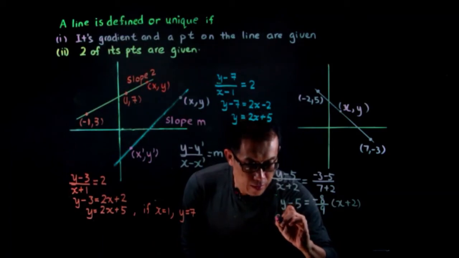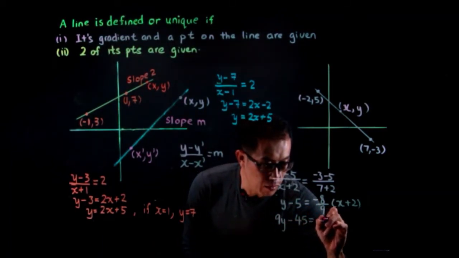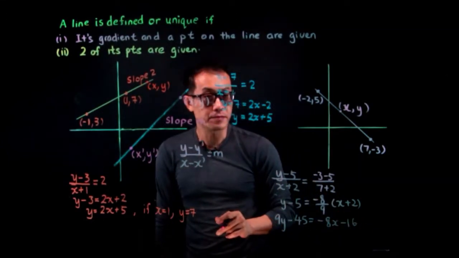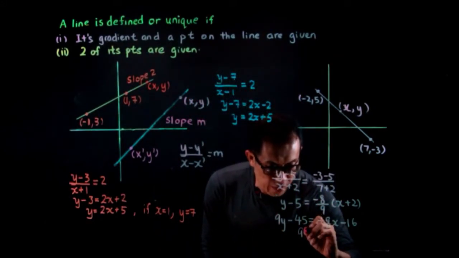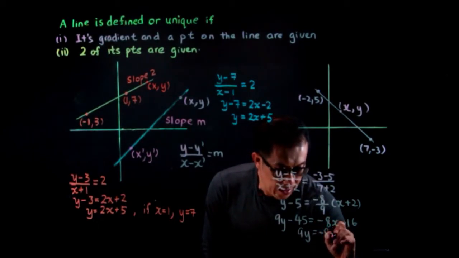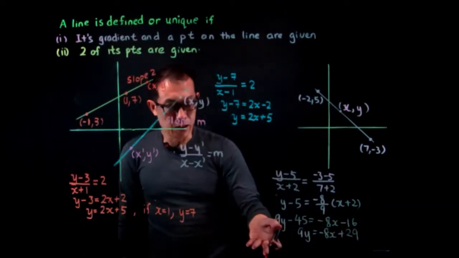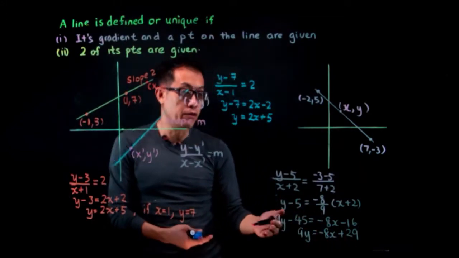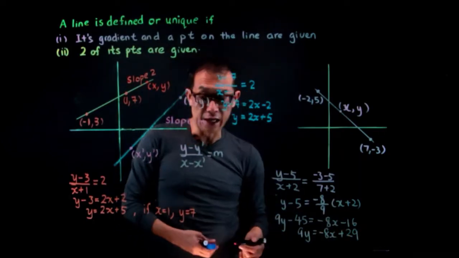You can cross multiply. So you have 9y minus 45 equals minus 8x minus 16. So you can bring the 45 over. 9y will be equal to minus 8x plus 29. That is the equation of the line. Now, it's not necessary that you leave it in the form of y equals mx plus c. This is the same equation, so you can leave it like that too.